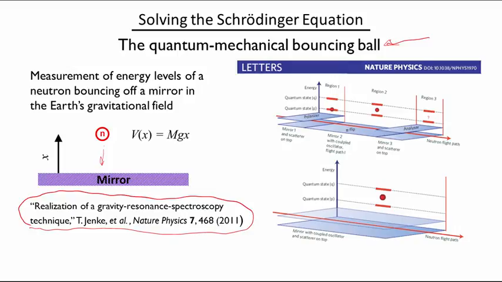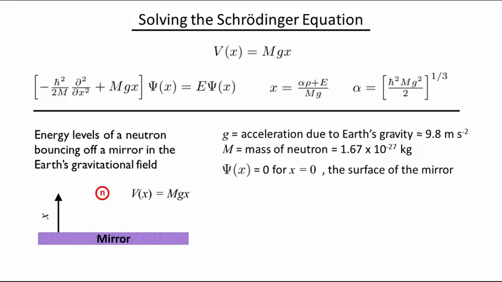There are actually experiments that measured the quantum mechanical spectrum of the neutron subject to the Earth's gravitational field. There have also been some implementations in ultra cold atom systems. So we're actually going to solve the problem with reference to parameters that are germane to this recent experimental realization.